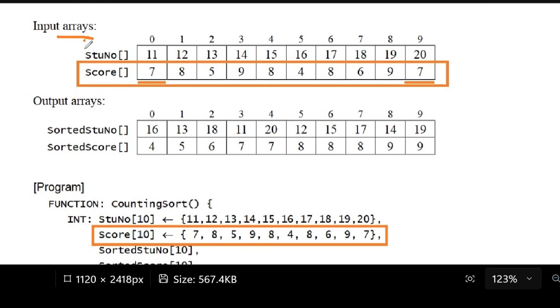Now the input here, we find that the score is also put in an array, which is a container of containers, where for the first container, which starts at 0, that's why it's container 0, it has the value of 7. The next one, container 1, has the value of 8, and then container 2 has the value of 5.